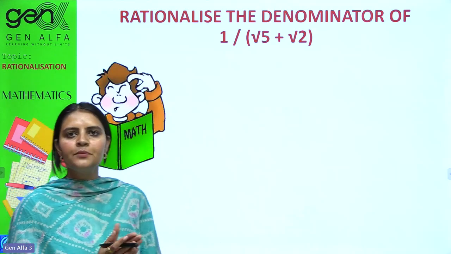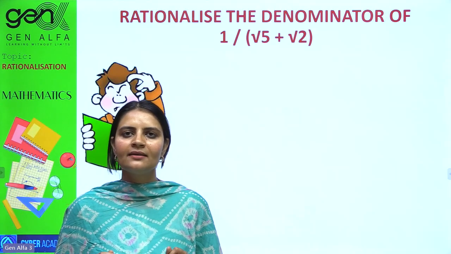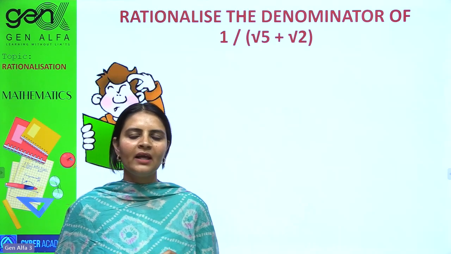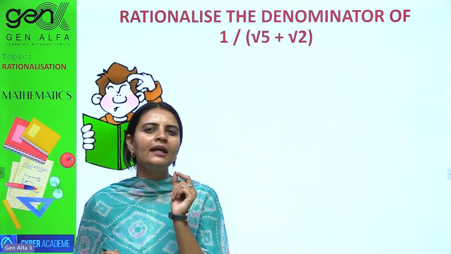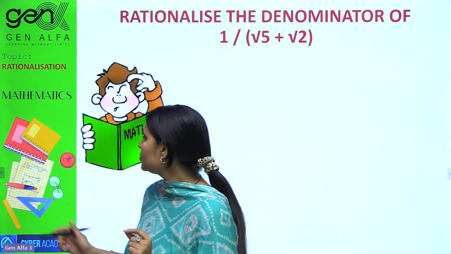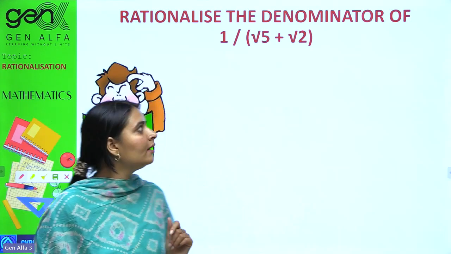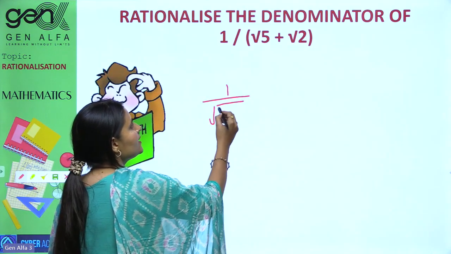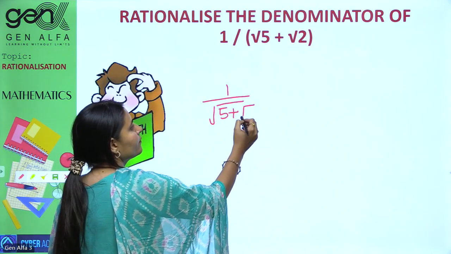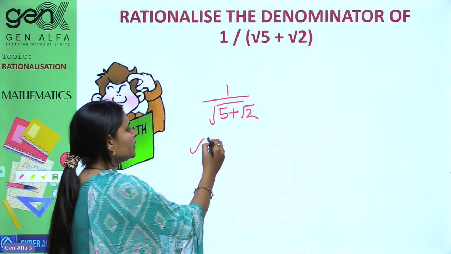Now here is the time to apply the process with two terms. What is the first step? I have discussed with you: conjugate. Just multiply and divide it with the conjugate of it. What is the conjugate? Just write along with me. The fraction is this, and we need to rationalize. What is its conjugate?